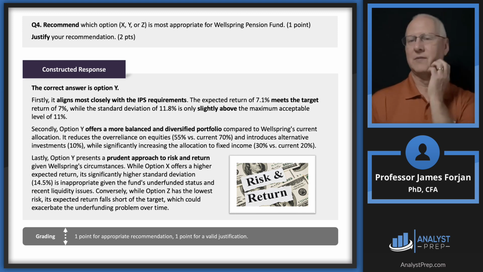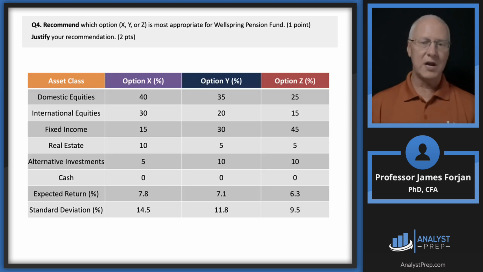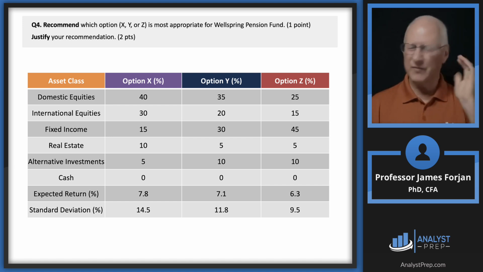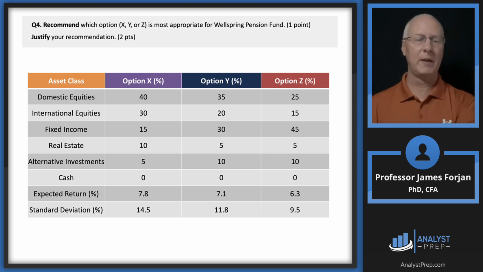Now, I want to make some editorial comments here. This is a really good case study because we're not given a perfect allocation. I seem to remember back in the old days when I was going through the program that there was a question. I don't know if I remember this as an exact question on the exam or maybe it was just one of the prep questions that The Institute is not likely to give you.